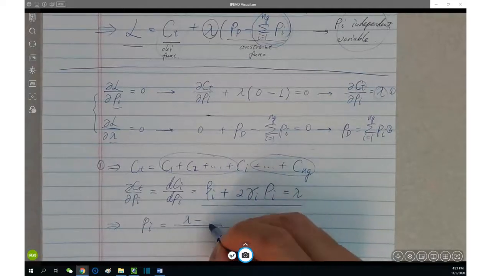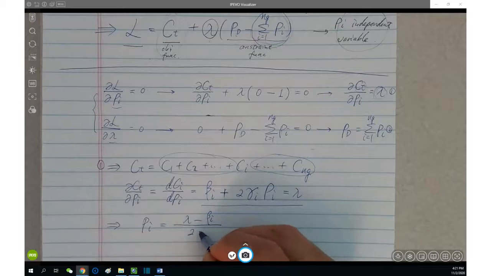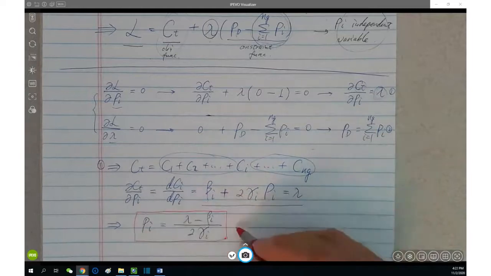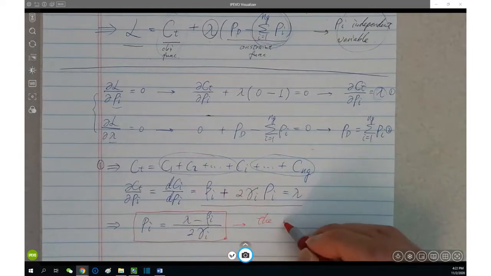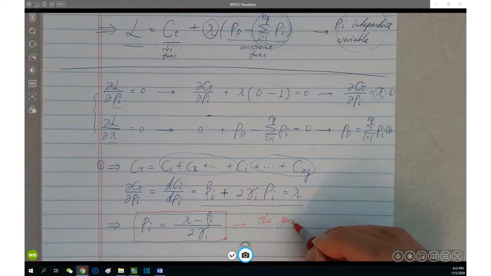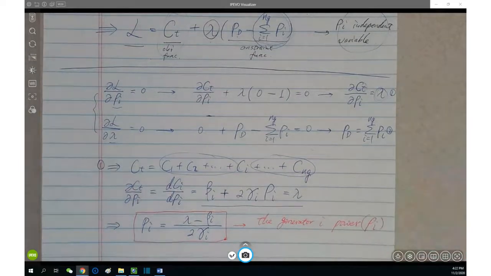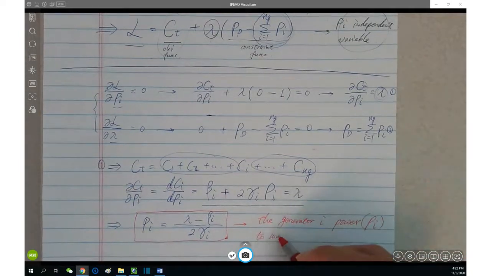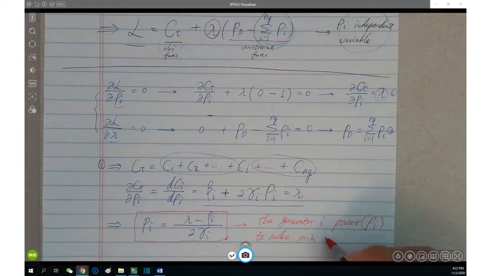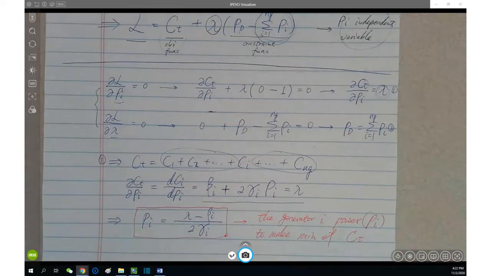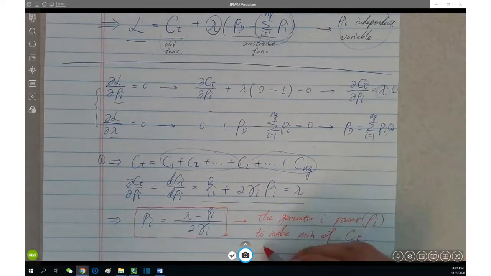Do one simple algebra, you end up with this. The generator I power Pi, of course, to make the minimum of our objective function C sub t happen.